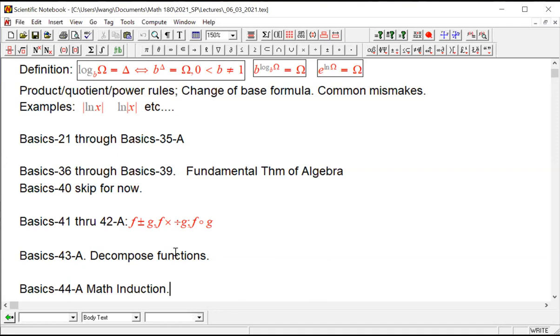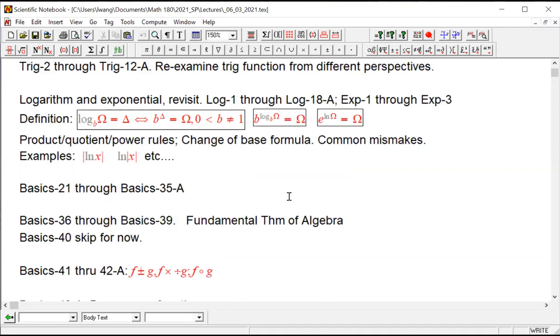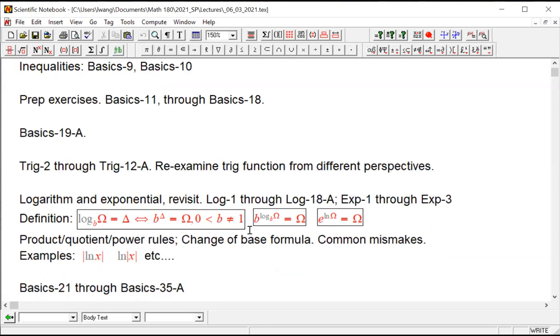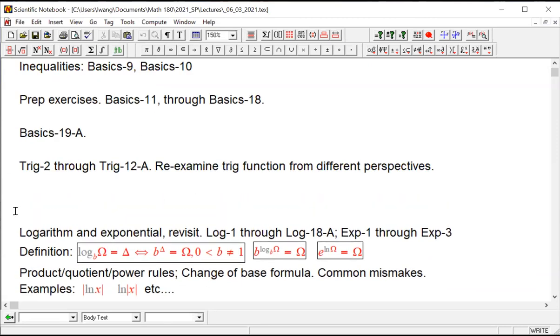And then we come to trig revisit. We didn't spend much time here at all, actually. So the second trig revisit. I'm going to put it here, trig 12 through, these are revisits.